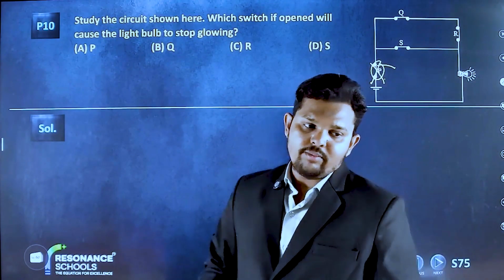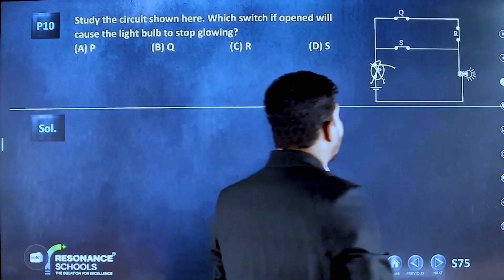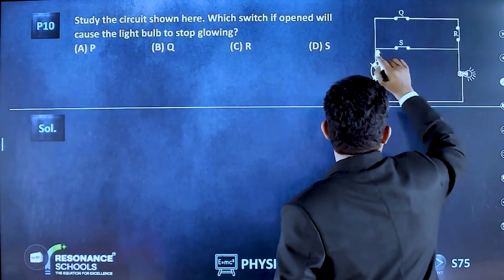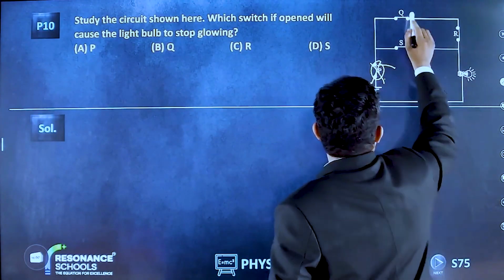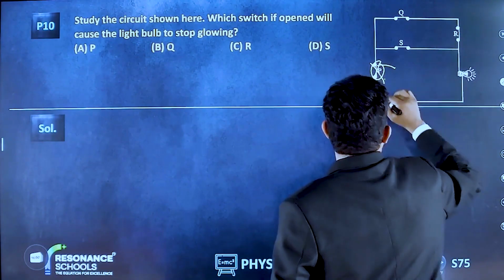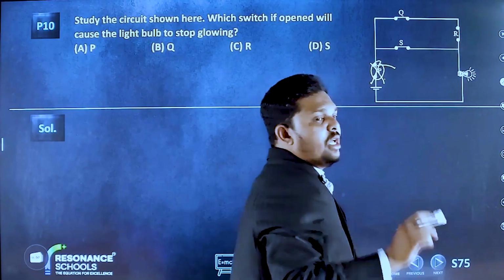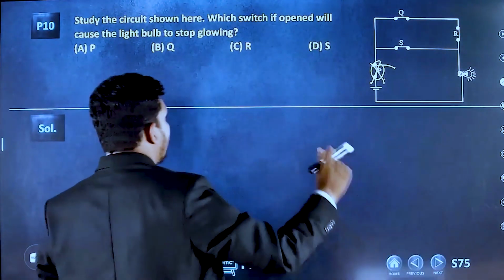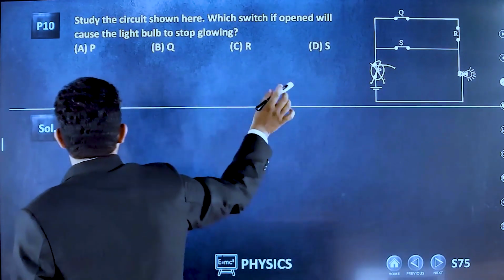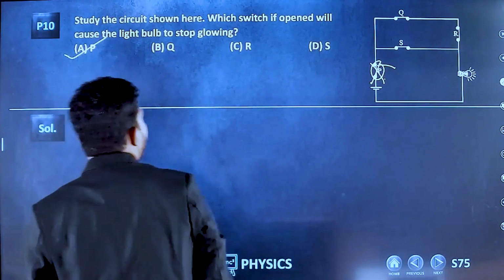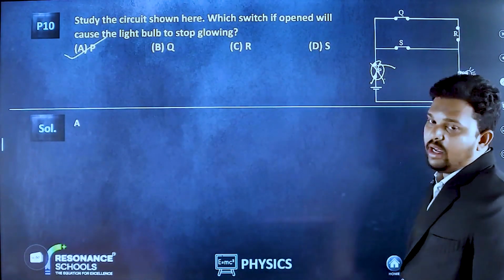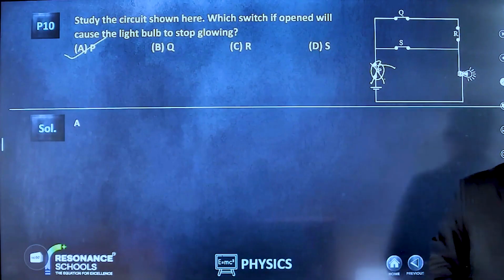That is one possibility. Then if I take S as open, while the others are in connection, the current still flows. If I make Q open, still the current will flow. If I make R open, still the current will flow. So the best possible answer is that if P is open, no current will flow, and as a result the bulb will not glow. Hence option A, that is P, is the correct answer. Everyone got this part now? I hope everyone got a clear idea.